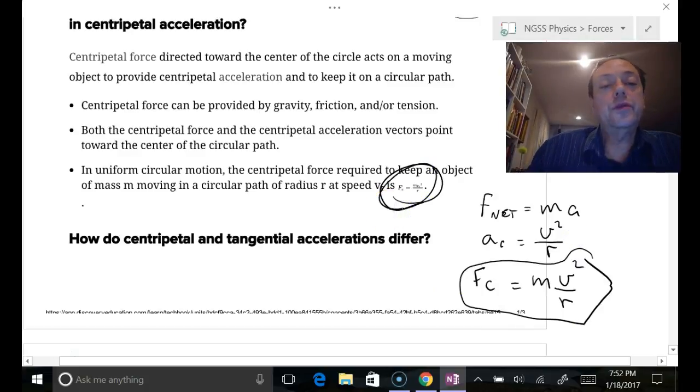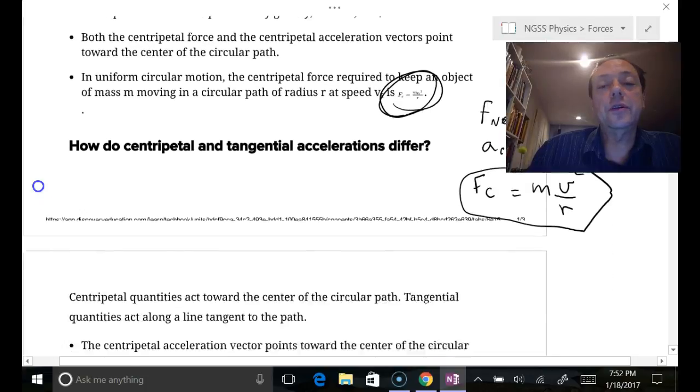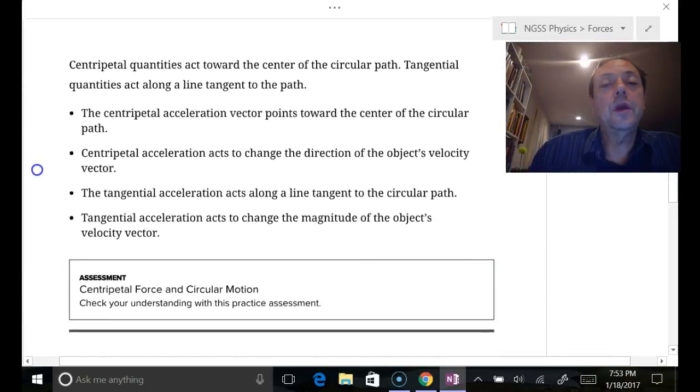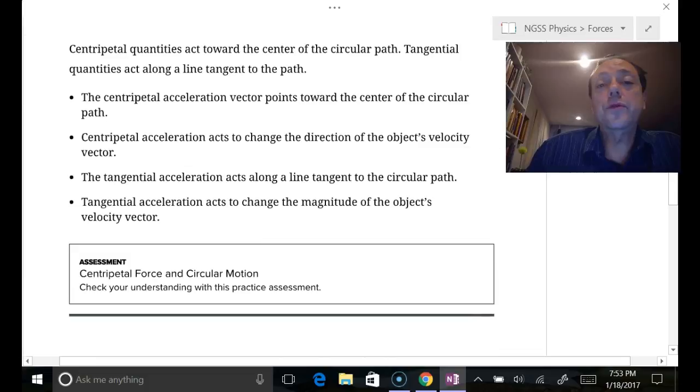And how do centripetal and tangential accelerations differ? We're only going to deal with uniformly accelerated motion. We're not going to deal with tangential accelerations, that is, in addition to a continually changing direction, consider a continually changing speed as well. Something going in a circle and speeding up or slowing down.